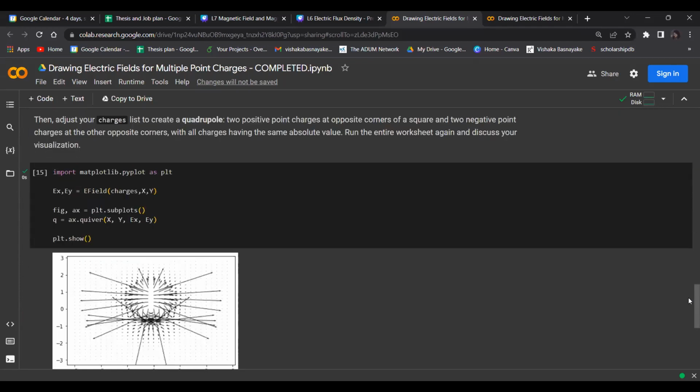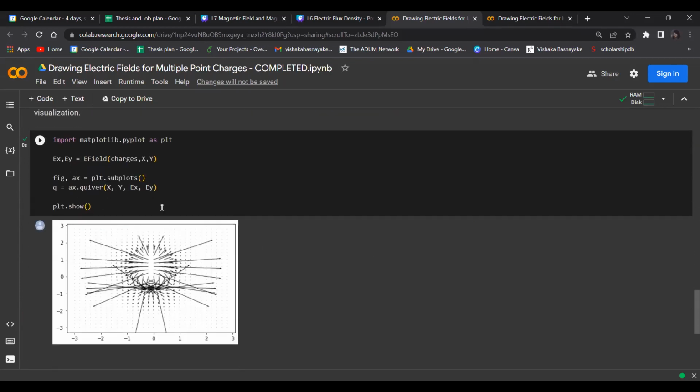So once we go to this final output, you can see a figure. Based on the initial charges that we have placed in the area that we have defined, the total force that is acting on each point of the space is given by the arrows in this figure.